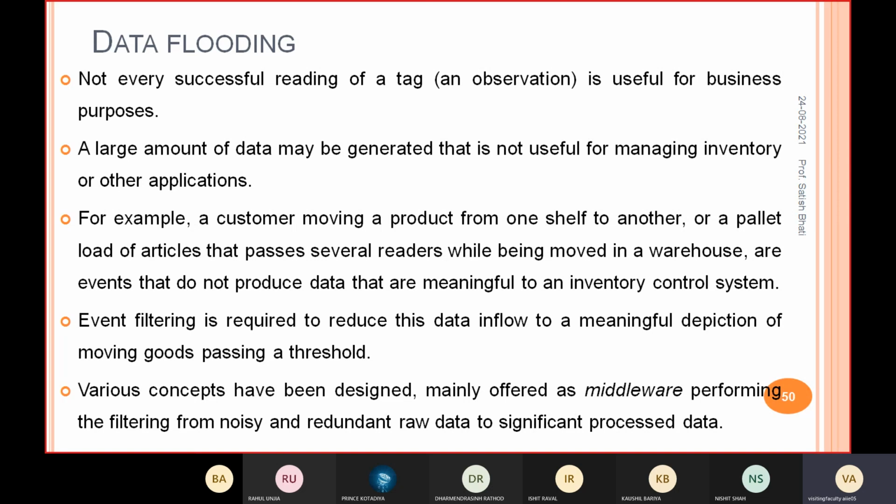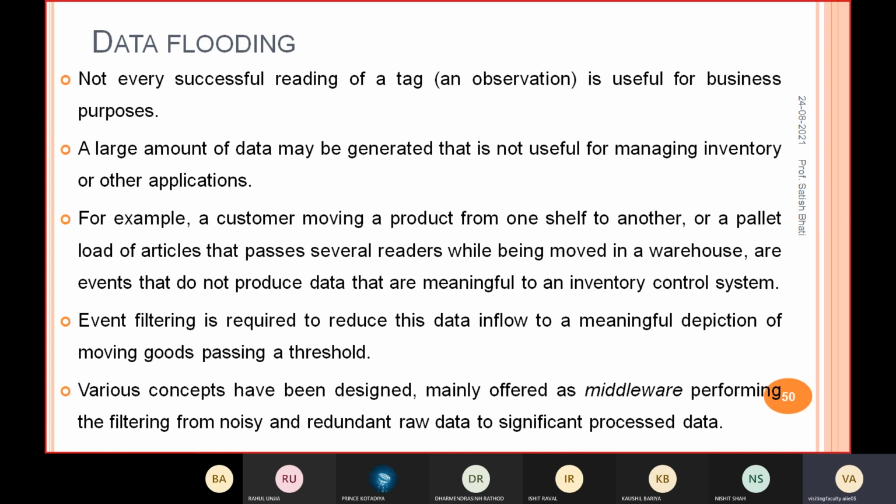Now, whenever an item which has the tag passes through, you are transferring one item from one place to another place, so all of your readers will read that tag.